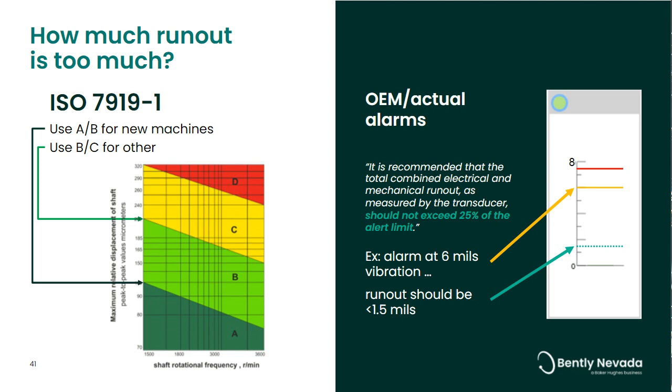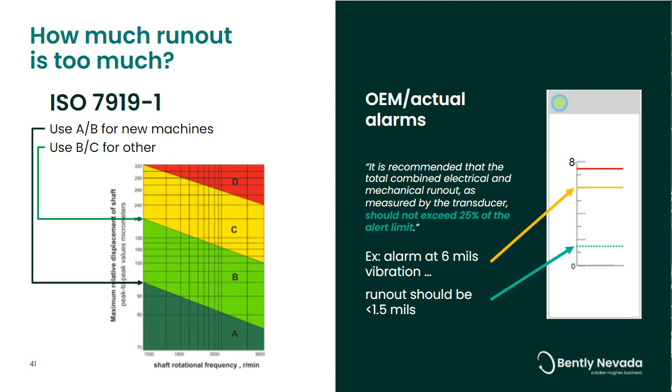Oftentimes, engineering companies or end users will specify a certain amount of runout that the machine needs to be below before it gets shipped to site. But even just as a rule of thumb here, using that ISO recommendation, the 25% of the alert limit, as an example, if the alert is at 6 mils, then the runout should be less than 1.5 mils.